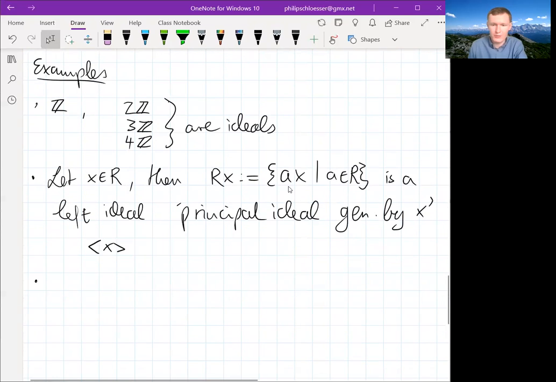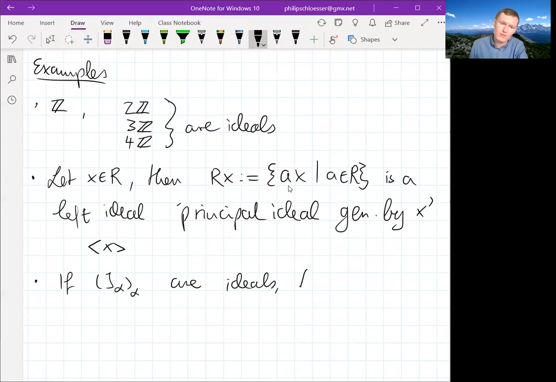And then similarly, if we have a family of ideals, the direct sum is also a left ideal.